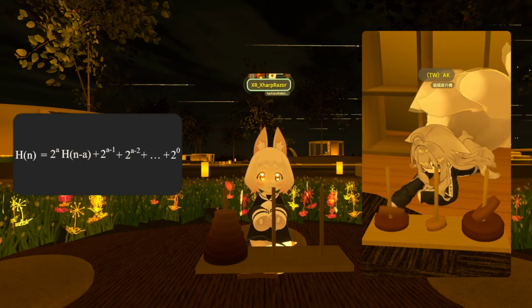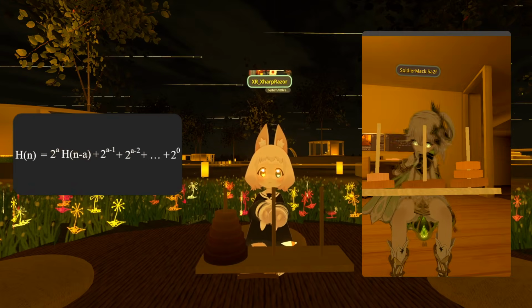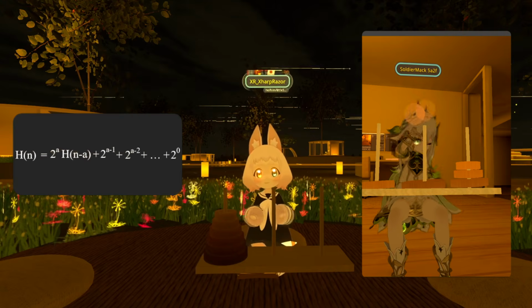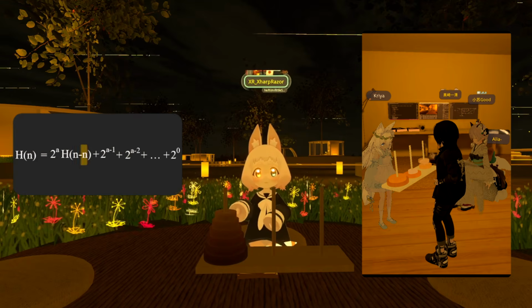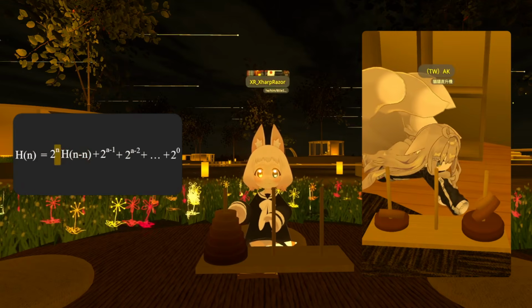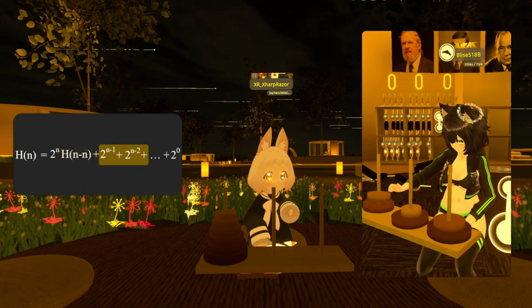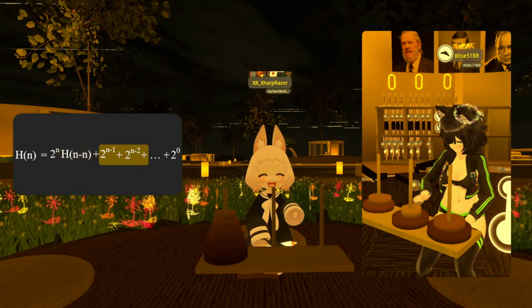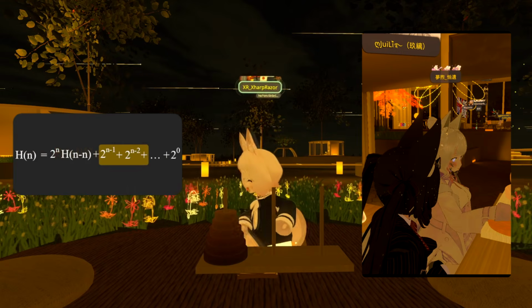So this also means that when we reach h of n minus n, which in this case lets a become n, the number in front of the Hanoi function will be 2 to the n, and the rest of the pile is just 2 to the n minus 1, n minus 2, n minus 3, n minus 4, and so on.